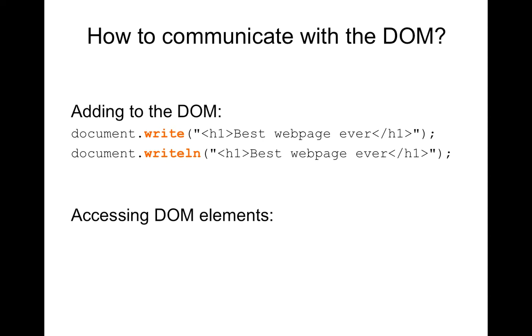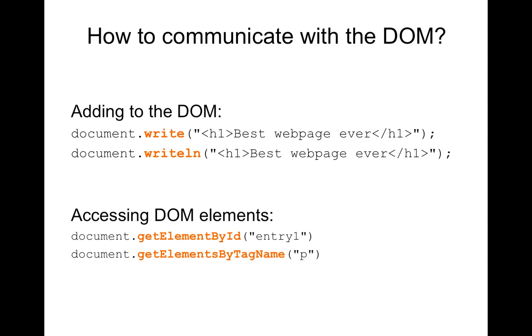You can also access the DOM elements to do other things with them. So for example, if there is an element whose ID, remember the unique ID, is entry1, you can get a reference to that element by using the getElementById method. Similarly, you can get a reference to all of the elements associated with a particular tag, like the paragraph tag here, by using getElementsByTagName.